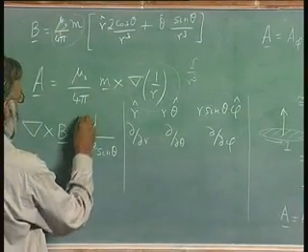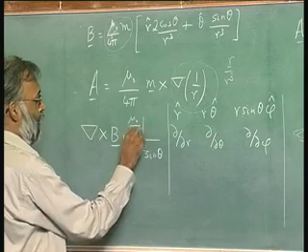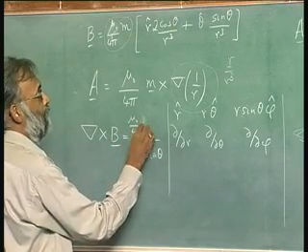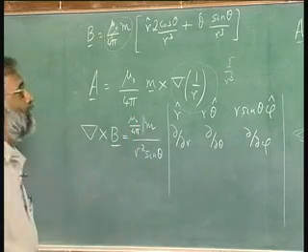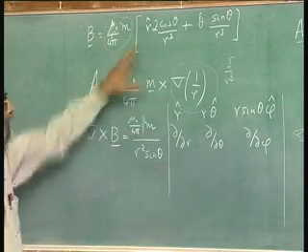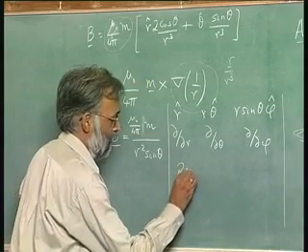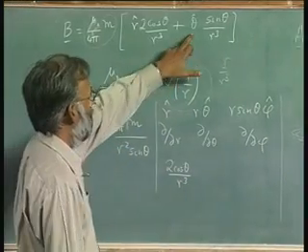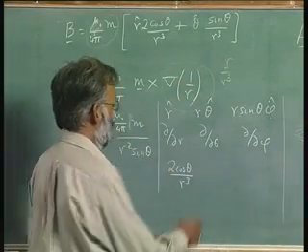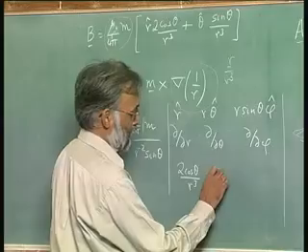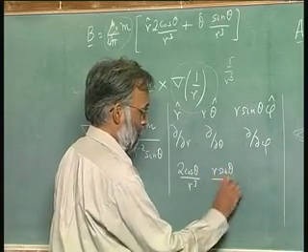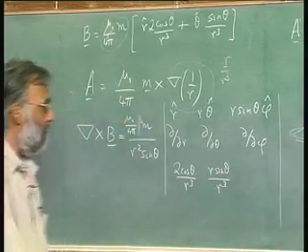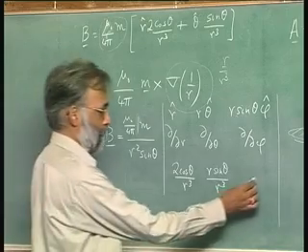So, I can call this mu naught over 4 pi times m. So, what is down here is twice cos theta over r cubed, and in the theta component there is r times sin theta over r cubed, and then there is 0 here.